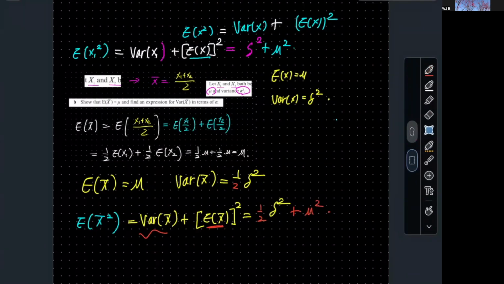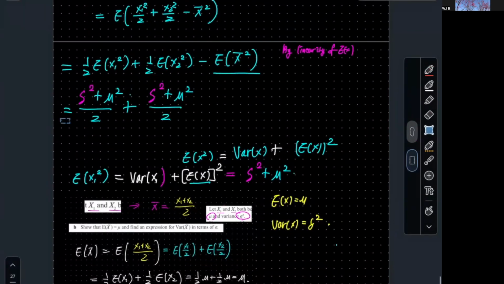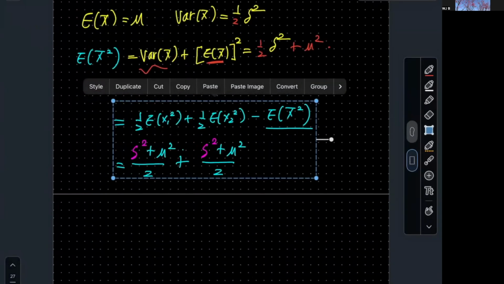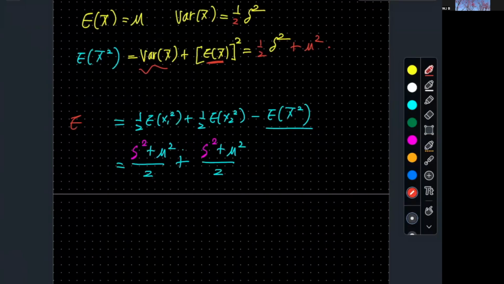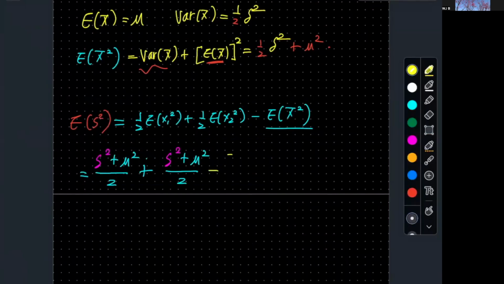And that's great. So if I go back to the value that we were trying to simplify, which was this humongous expression, it was E of S squared, but this time it's going to be subtracted by the expected value of the sample mean squared, which is what we just got. And that is great.